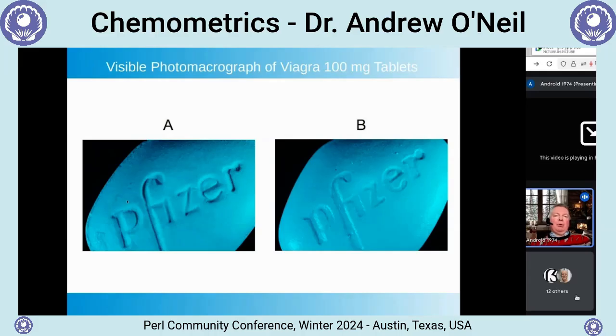The edges are sharper and it's deeper, so it's harder to tell this one apart. If you didn't have a genuine tablet next to it to compare it to, this would be very difficult to distinguish by eye. This, of course, is where chemical imaging comes in.